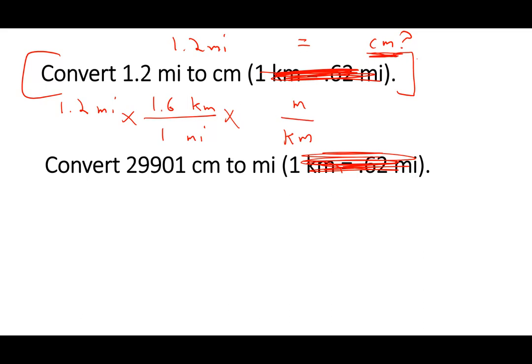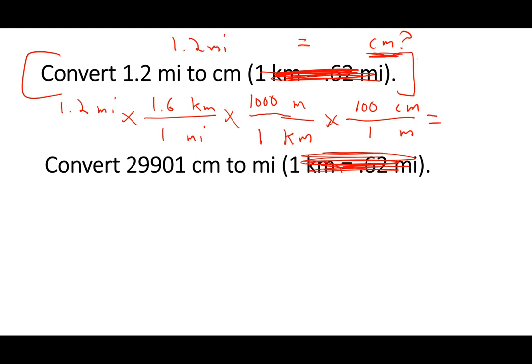If I look at my conversion table, I would see for every 1 kilometer is 1,000 meters. Am I done yet? Not quite. I need to do one more step where I put meters on the bottom and go to centimeters on top. And I know for every 1 meter, I have 100 centimeters.